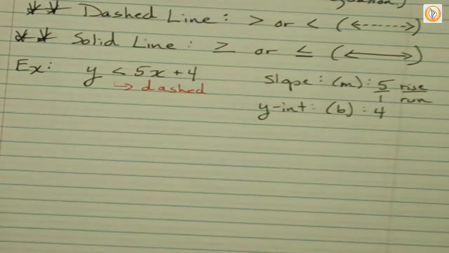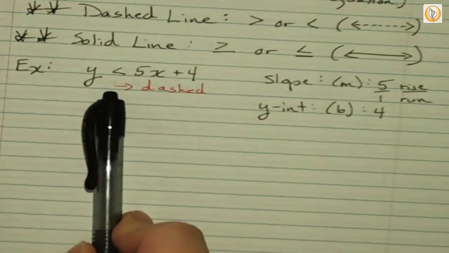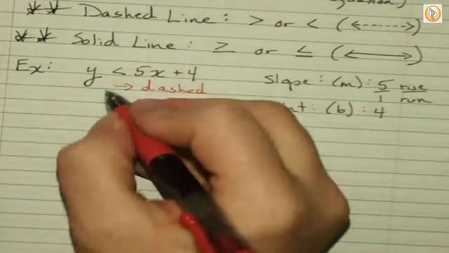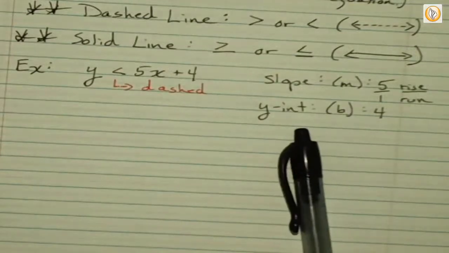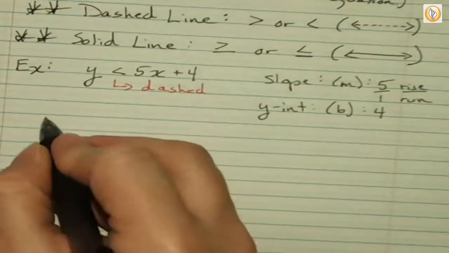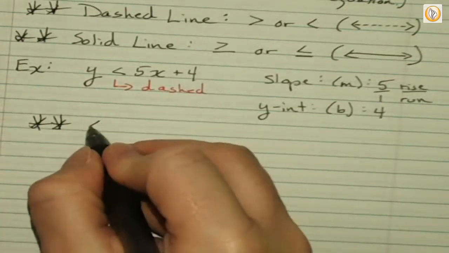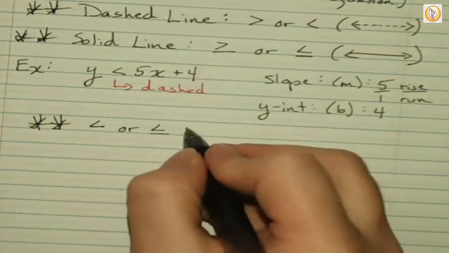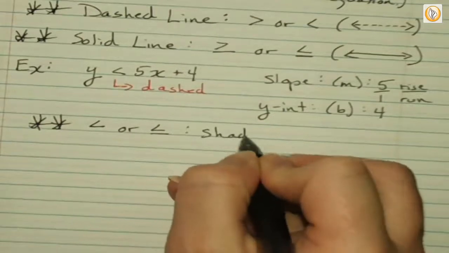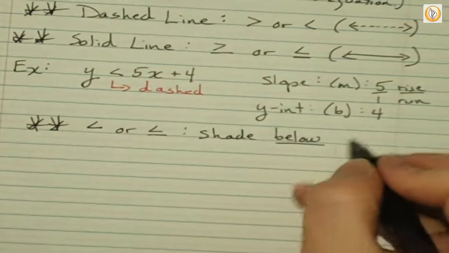And yes, we are about to graph it. So you need to know that when you see this equation, it means the line is dashed. We know our slope. We know our y-intercept. Here's how you learn this. If it's less than, or less than or equal to, you shade below the line.